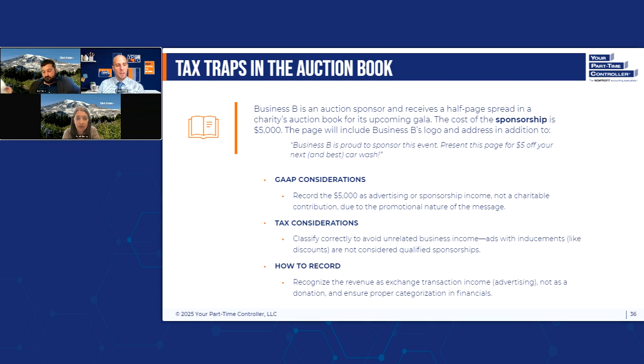It's really important that you understand what is being posted in that auction book. It is the qualitative versus quantitative language that's really key there. Qualitative is distinguishing yourself from your competitors, giving coupons, inducement to buy, saying that we're the best organization or we provide the best services, whatever it may be. That's all qualitative.